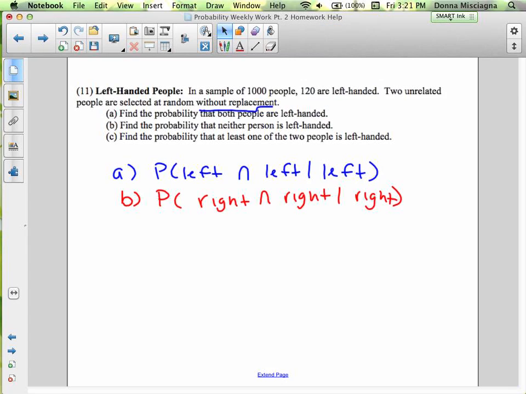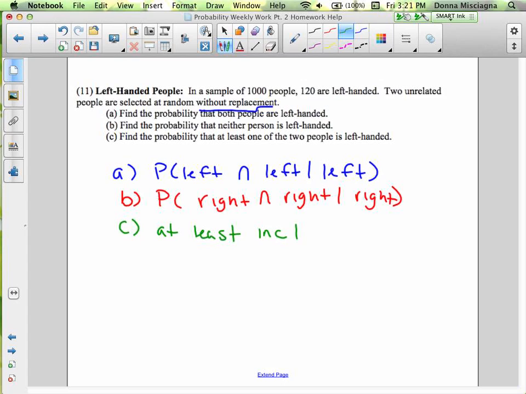And then probability that at least one of the persons is left-handed. Number at least includes, so the first person could be the first person is left-handed.